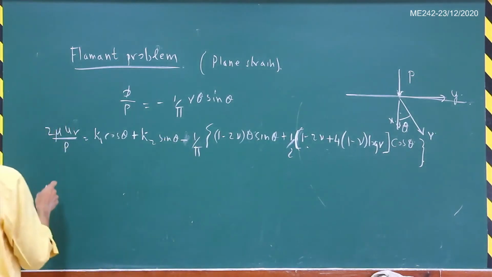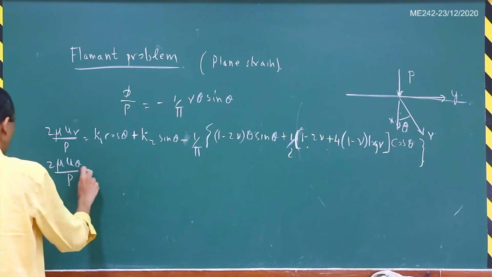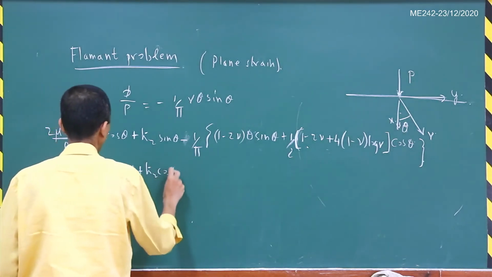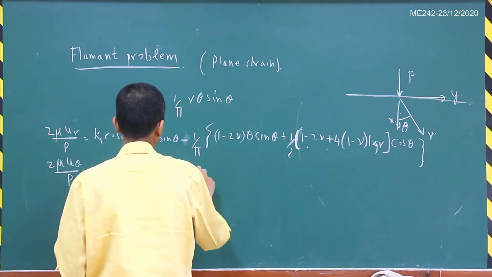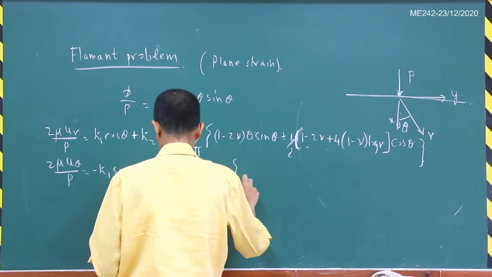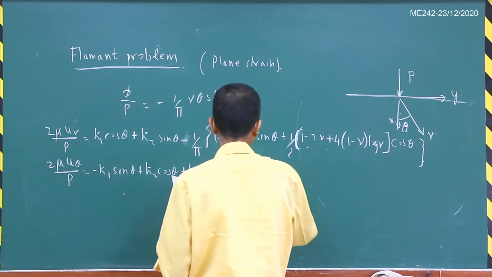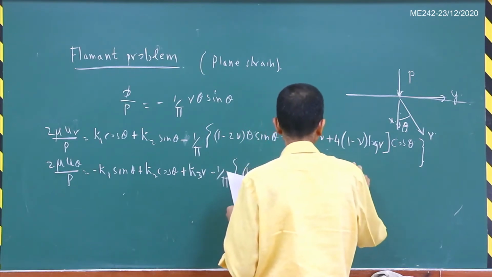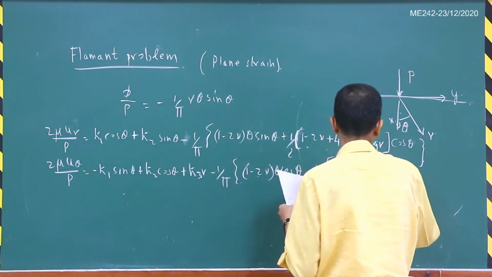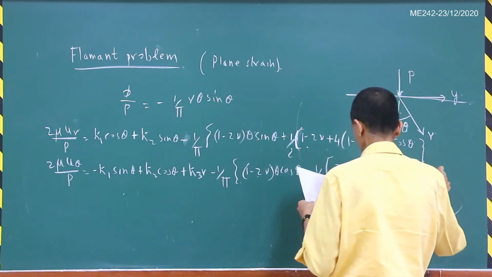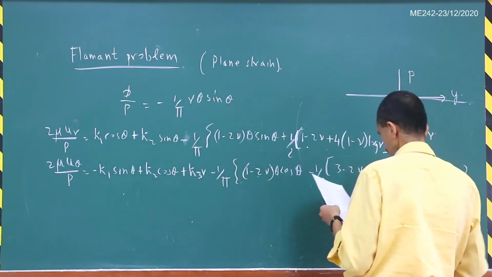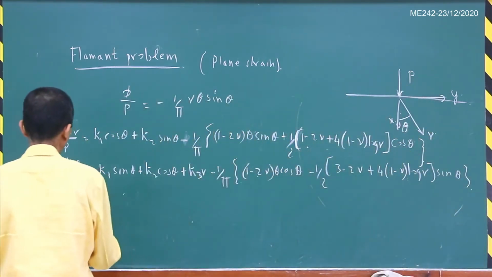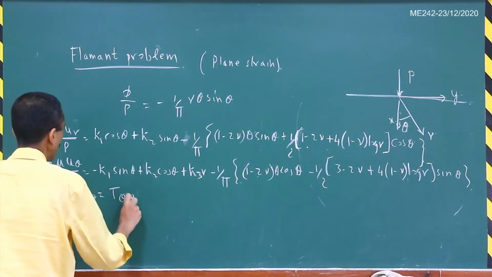Similarly, 2 mu u_theta divided by P is minus k1 sine theta plus k2 cos theta plus k3 r, minus 1 by pi times (1 minus 2 nu) times theta cos theta, minus half times (3 minus 2 nu plus 4 times (1 minus nu) times log r) times sine theta. And tau_r theta is equal to tau_theta theta is equal to 0.